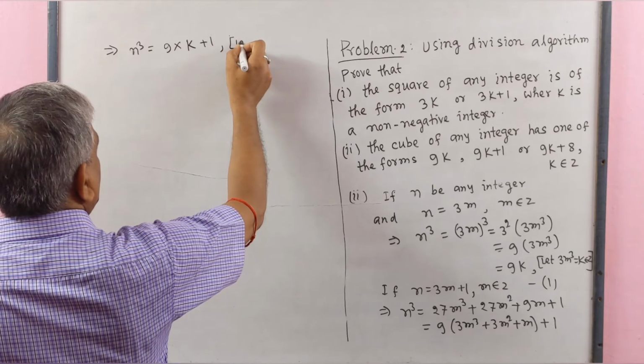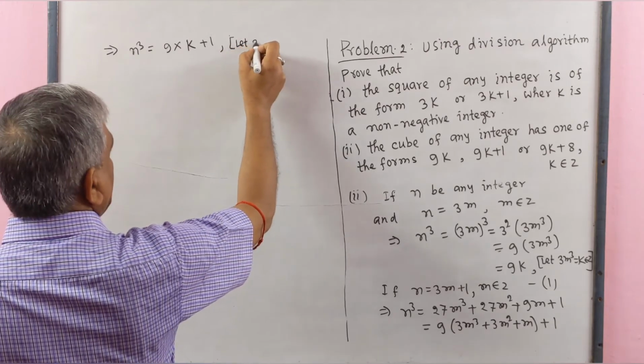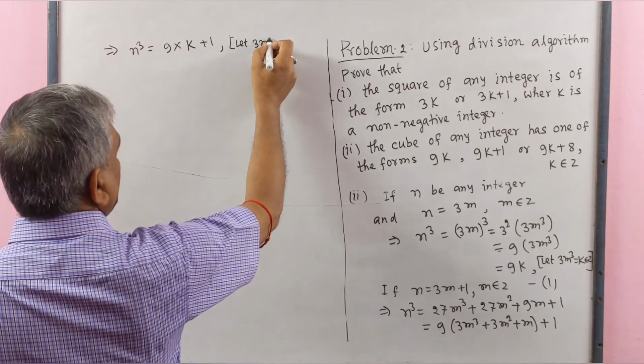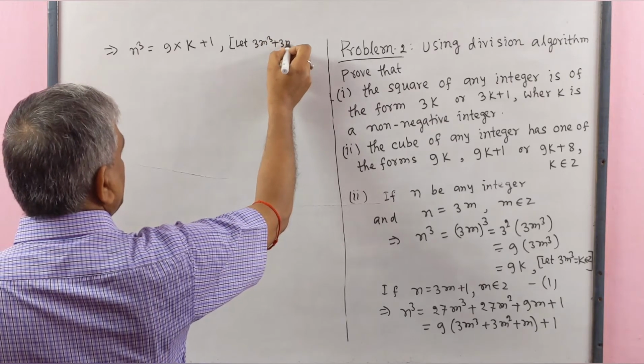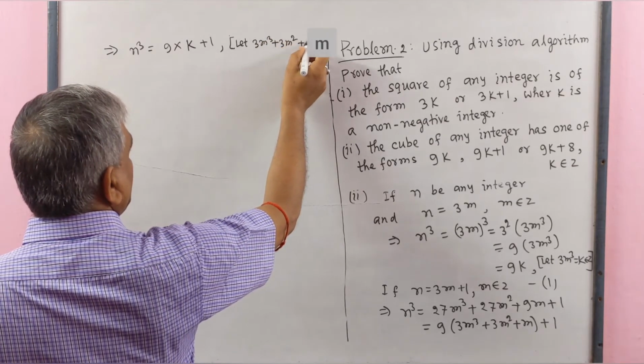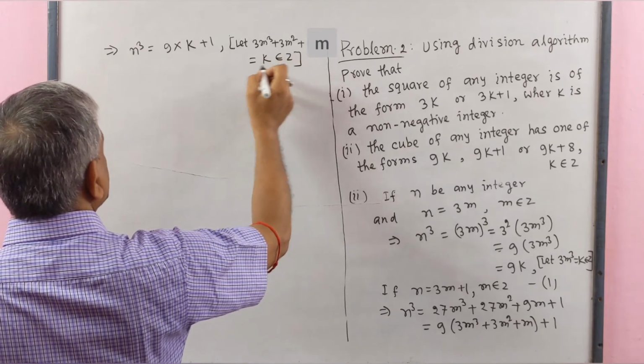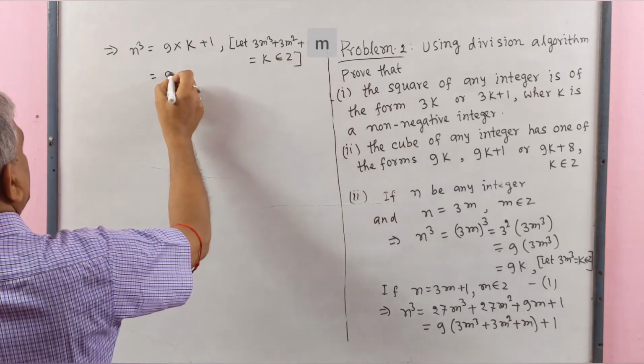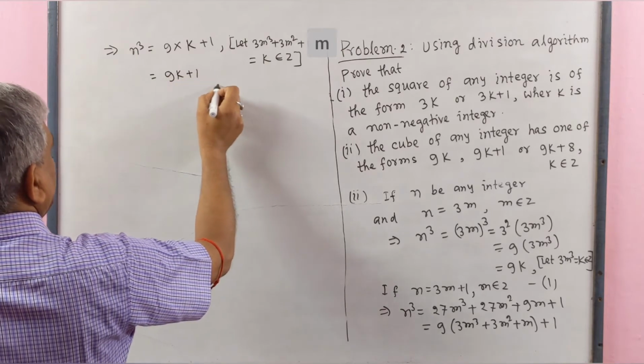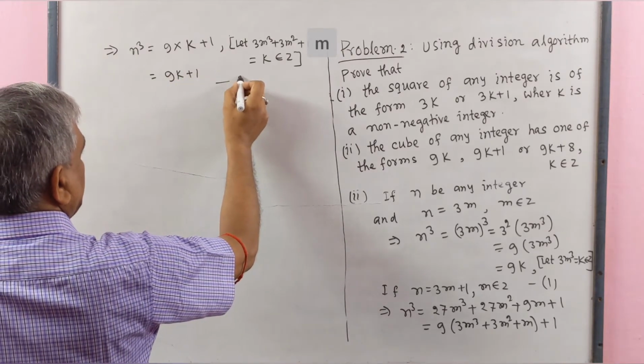Let 3m cube plus 3m square plus m equal k, which belongs to Z, so it equals 9k plus 1. This is number 2.